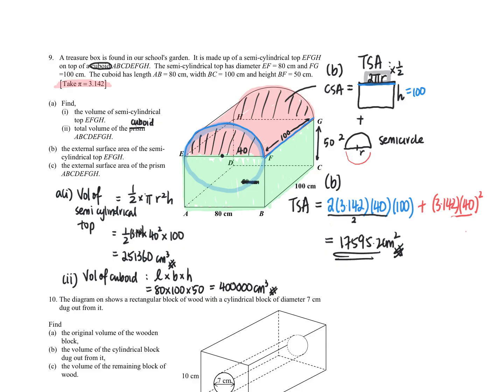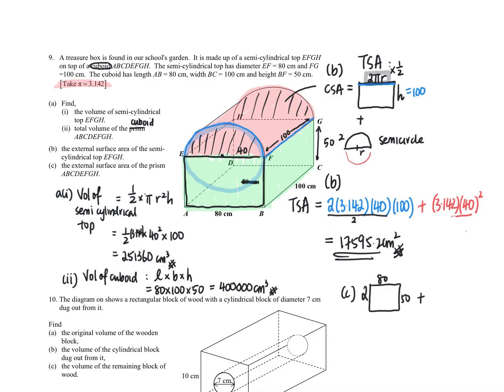Okay, last one is the curved surface area of the bottom part. So remember, I have one rectangle here and one behind. So 2 of this. So this is 80 times 50. Okay.